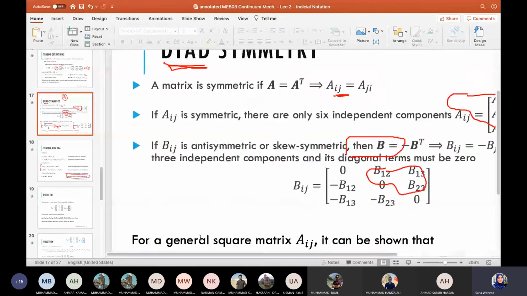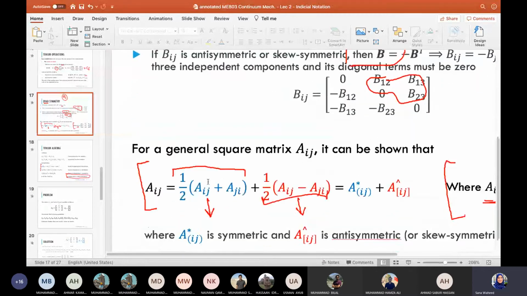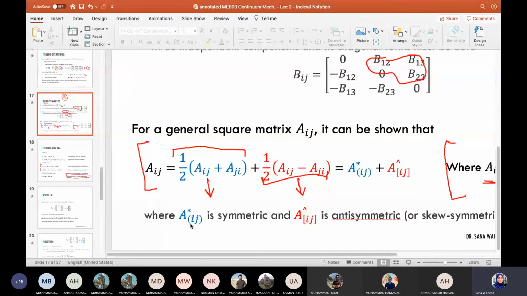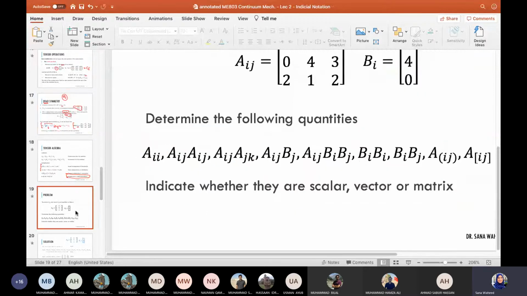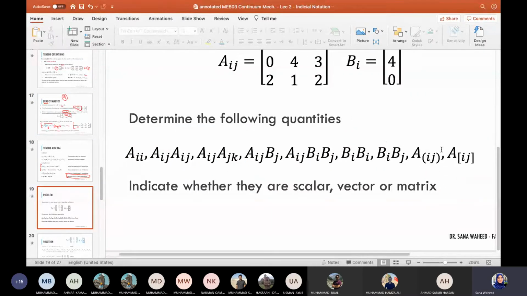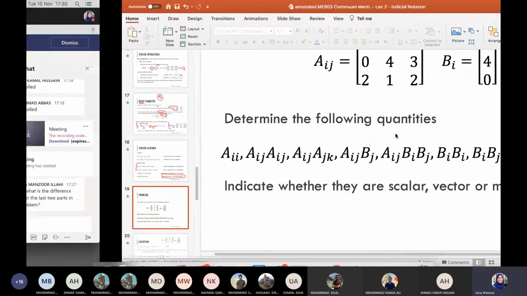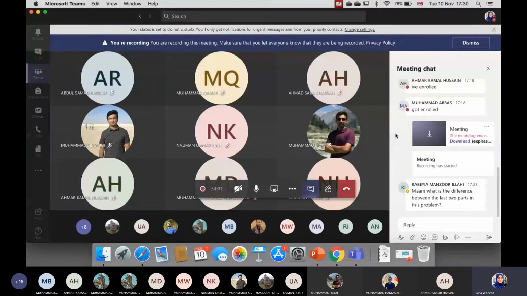So basically in that problem, the parentheses like so was the symmetric part of that matrix, and the square bracket one was the skew symmetric part. Or we had to find those two. I hope that's clear, Rabia. Please let me know in the chat.